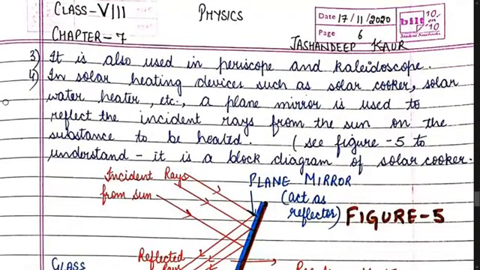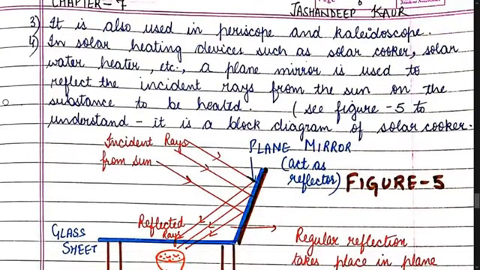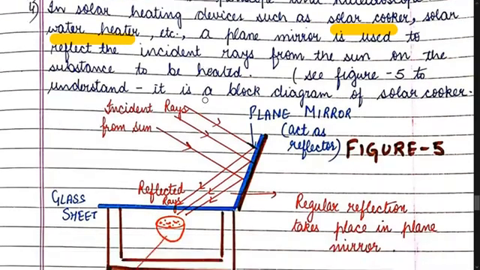Third use of plane mirror is it is used in periscope and kaleidoscope. And fourthly, the plane mirror is used in solar heating devices such as solar cooker, solar water heater, etc. A plane mirror is used to reflect the incident rays from the sun on the substance to be heated.